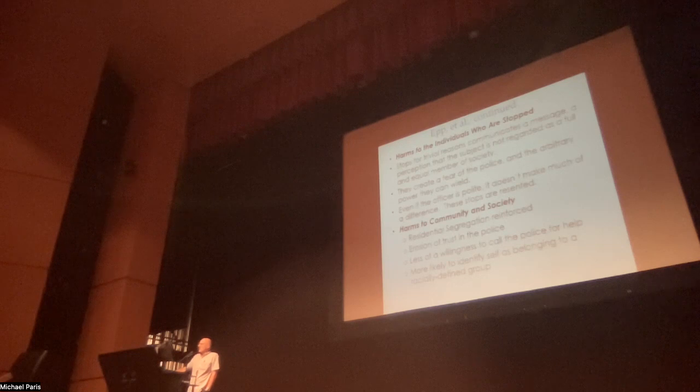There's also fear, right? When you create fear, you create resentment against the police, and that might undermine policing. They find that even if the officer starts out polite when he stops, there's an easy path to degeneration because the motorist is resentful and fearful from the get-go. So this might degenerate very easily.